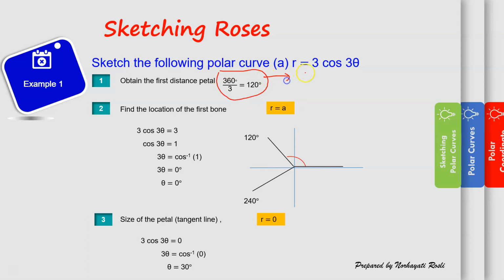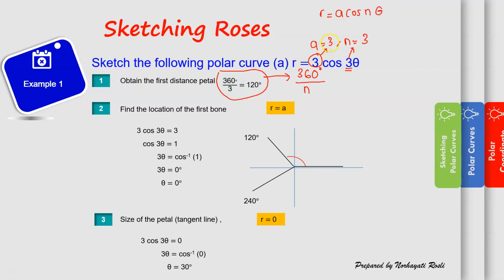So what does this formula mean? It is actually 360 degrees, that is, 1 unit circle divided by n. In our case, a is equal to 3 and n is 3. Here a is given by this value, and this one is n, because we know in general we have r equal to a cos n theta.